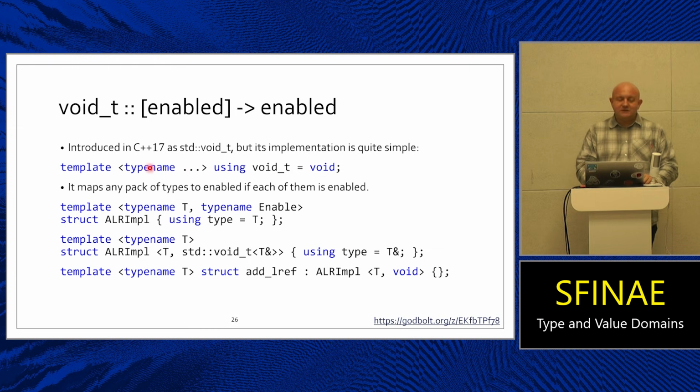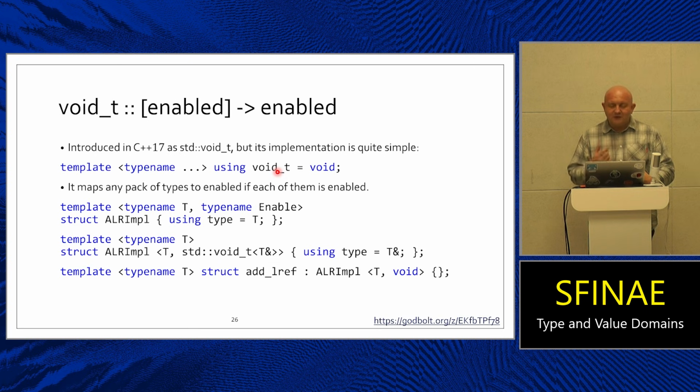If all substitutions in this pack succeeded, we get void. If at least one fails, the whole construct is invalid. This makes void_t a convenient way to combine several validity checks. It's like saying, is this whole group of types valid together?